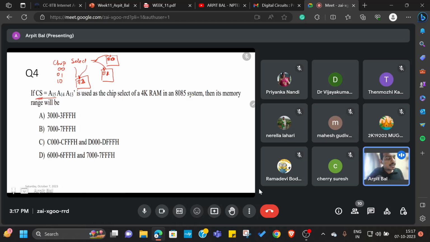In this case, what is told is the chip select is equal to A15, A14, A13 bar. The tick refers to the complement. So it means that whenever CS is equal to 1, this memory will be enabled. Can anyone tell me what should be this value so that CS is 1?